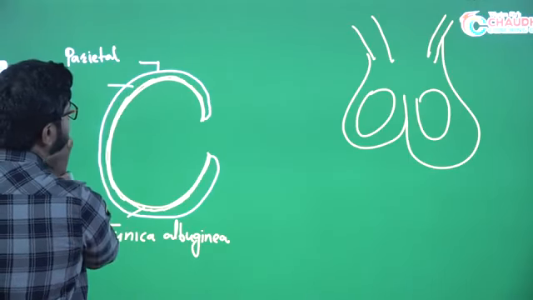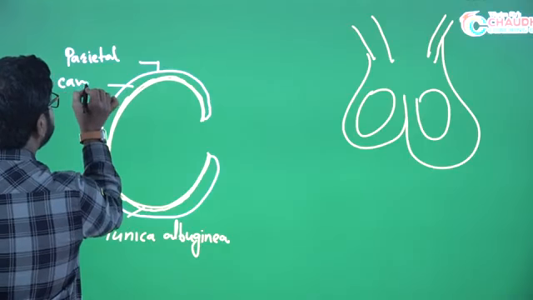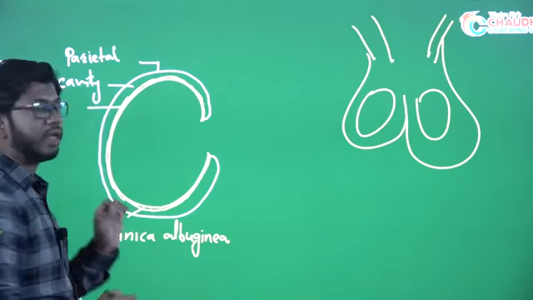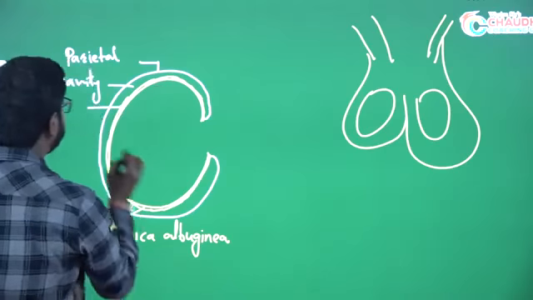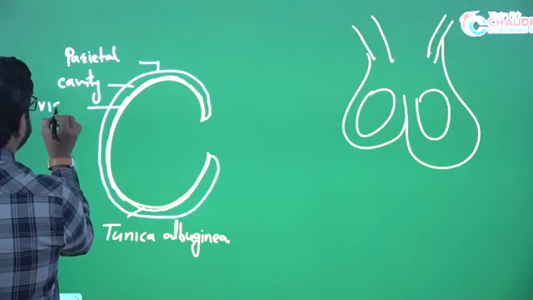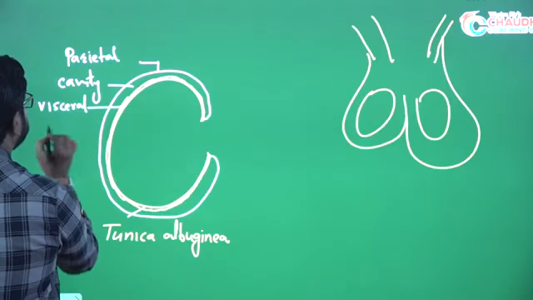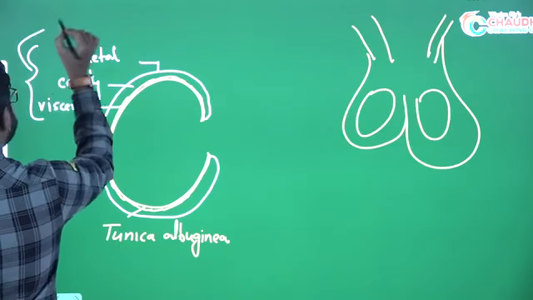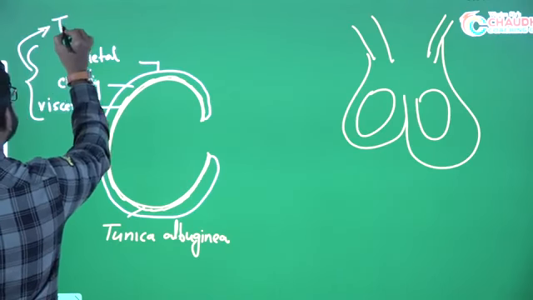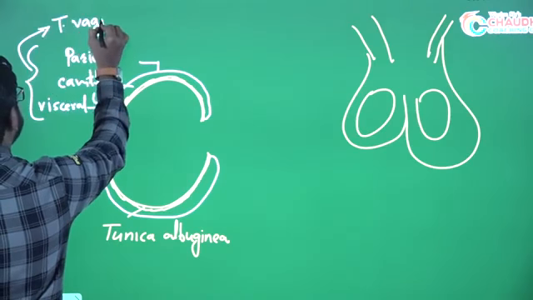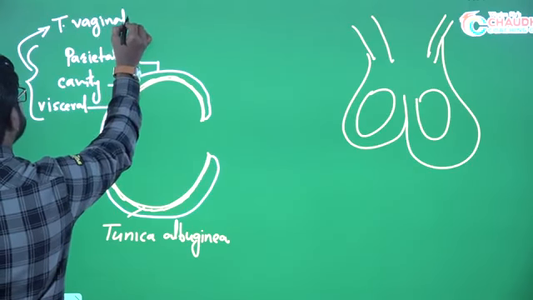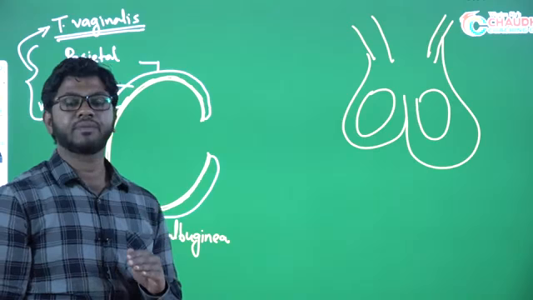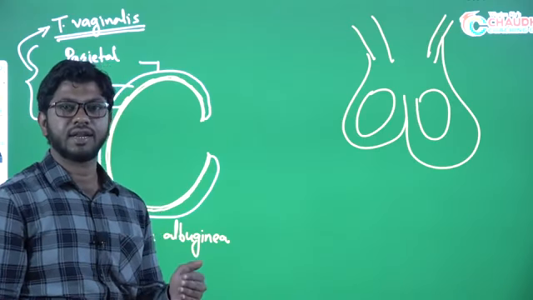The hollow space is known as the cavity, and below the cavity a very thin layer of tunica vaginalis is present, and that is called the visceral layer. So the parietal layer, cavity and visceral layer together are known as tunica vaginalis. So it is made up of three layers: parietal layer, cavity and visceral layer.